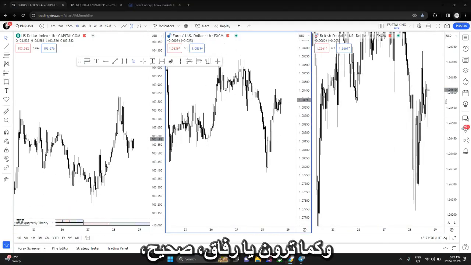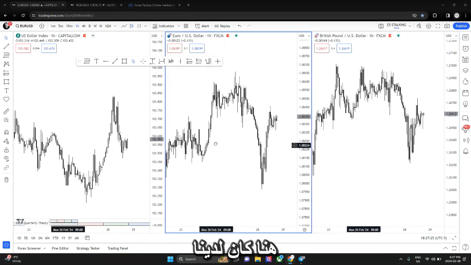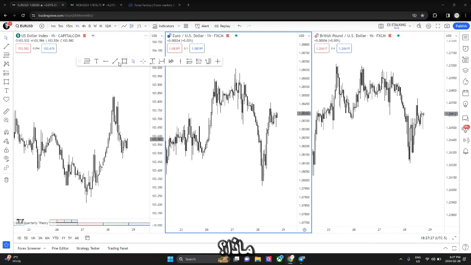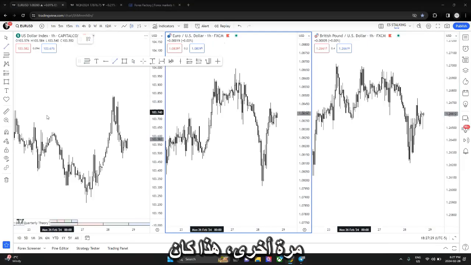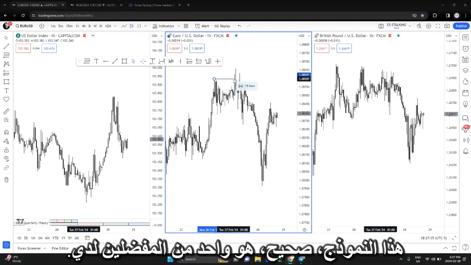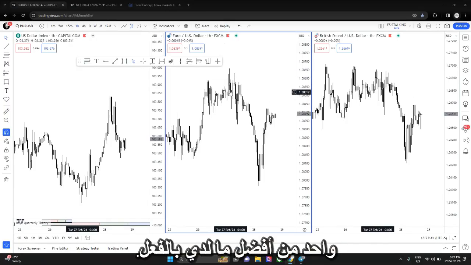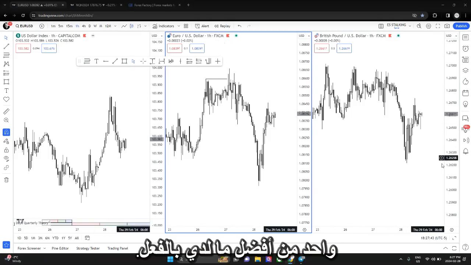And as you guys can see right here, we had, what again? This was sequential SMT. So this model, right, is one of my favorites. One of the best that I actually have.